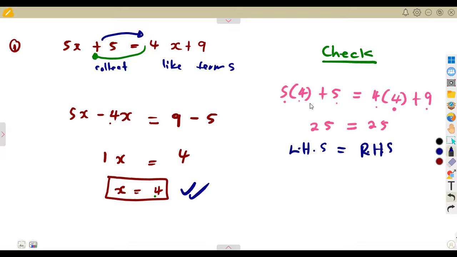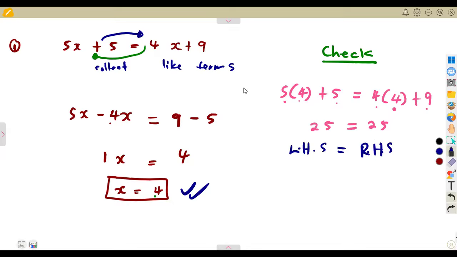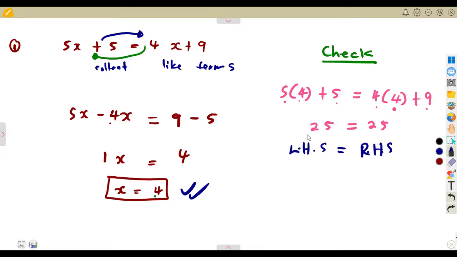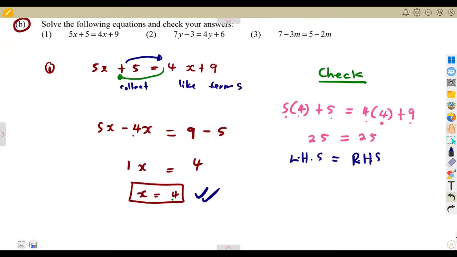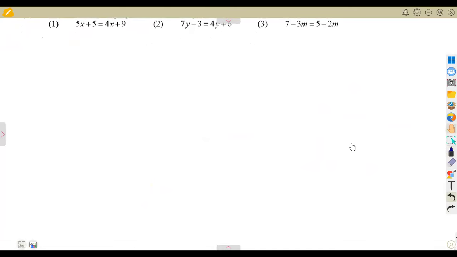But if you substitute and you see the left-hand side and the right-hand side are not equal, it's either you made a wrong substitution, or the value of x is wrong. So you first check the substitution to see if it is correct. Then number 2, you check your answer. If you see that your substitution is true, then you check the answers. So I want you to try number 2. I'm going to try number 3 with you.